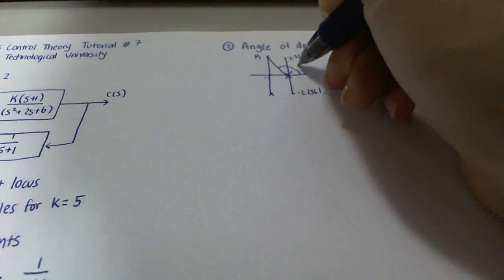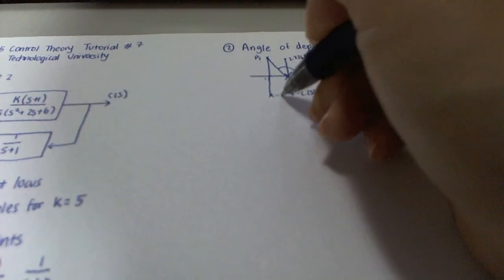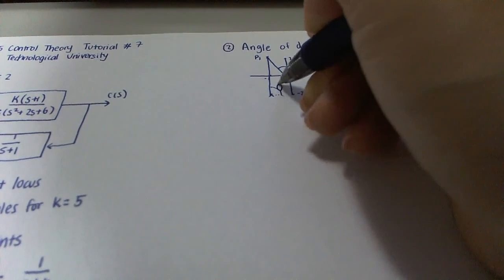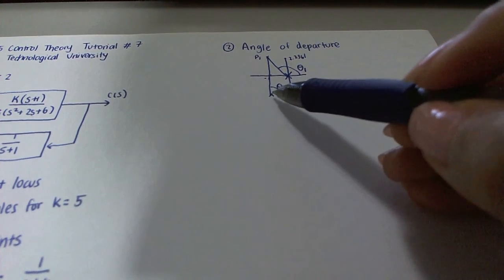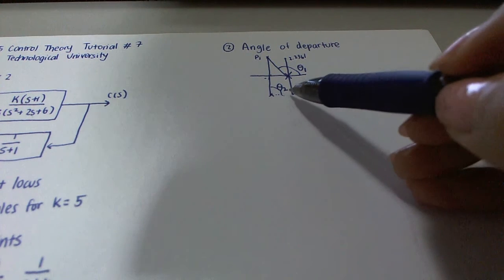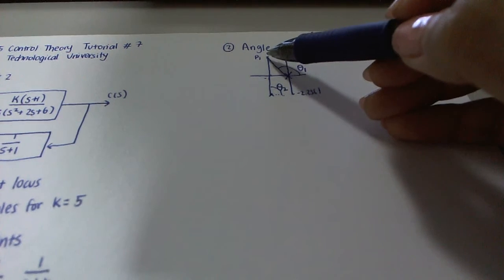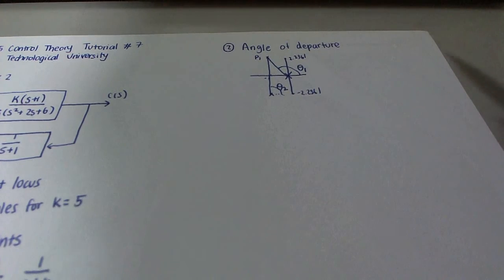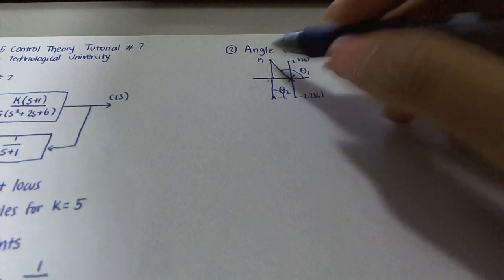So we have θ1 over here, and the second one is θ2 over here. The angle is always measured from the x-axis associated with the pole to the line connecting that pole to the pole for which we want to find the angle of departure.